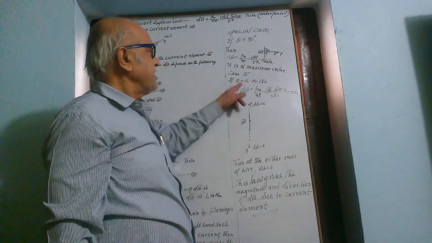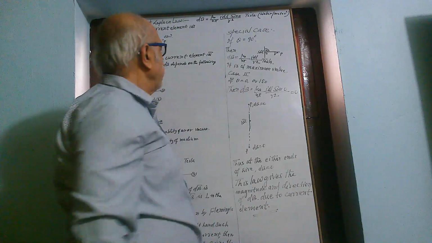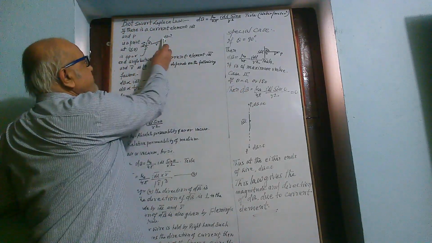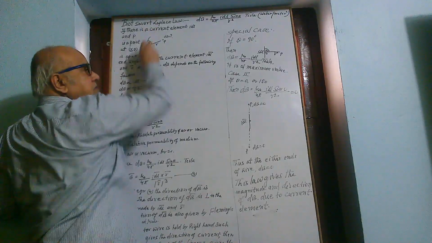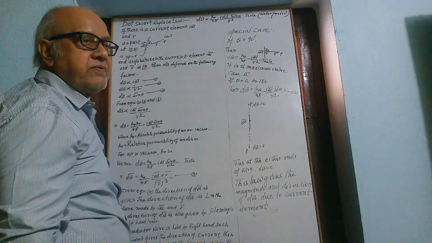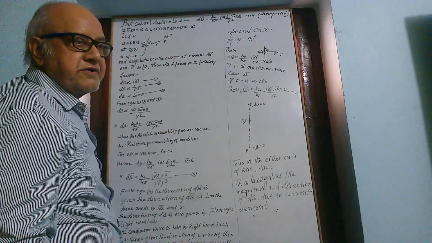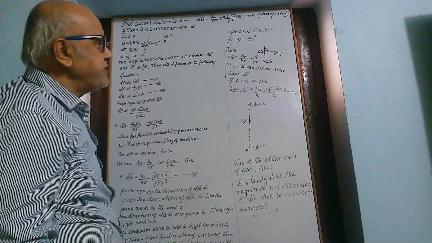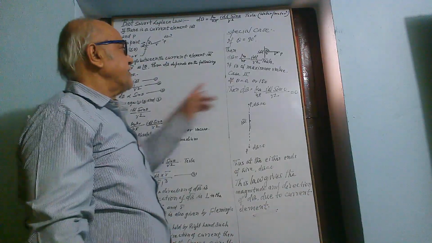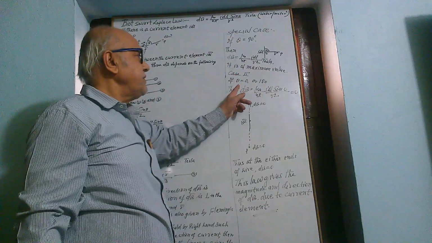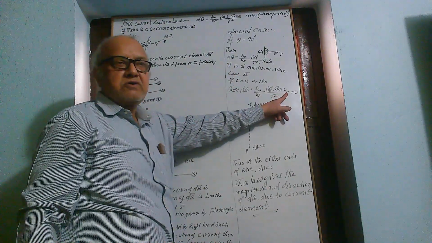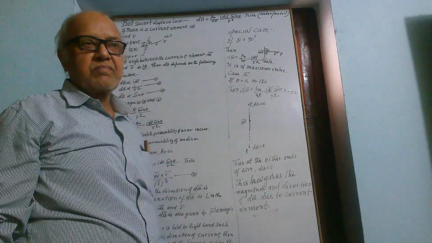Second case, if theta is equal to 0, that is, this point is taken along the line of the current element, then the angle will be 0. In this case, dB will be equal to 0 because sin 0 is equal to 0.